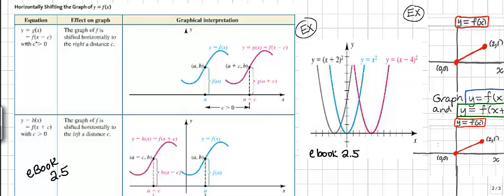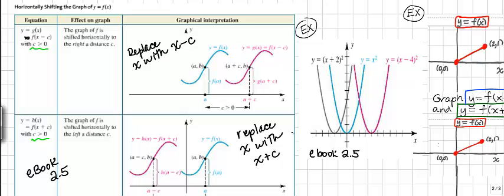Now, we're letting the constant c in all of these scenarios be positive so that we don't mix things up too much. The point here is to replace x in the function with either x minus a fixed constant or x plus a fixed constant, and see what happens.